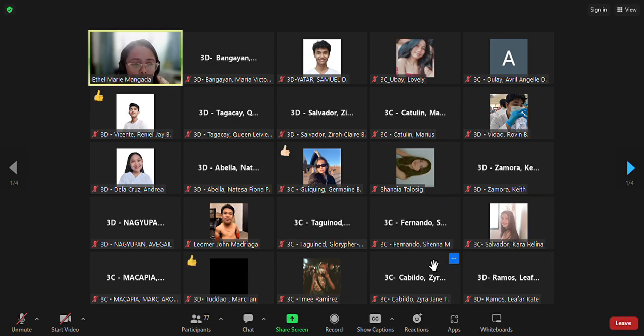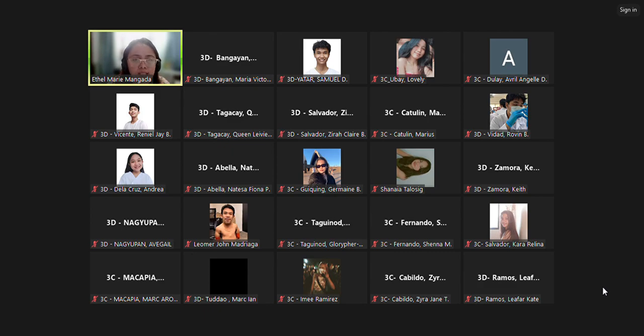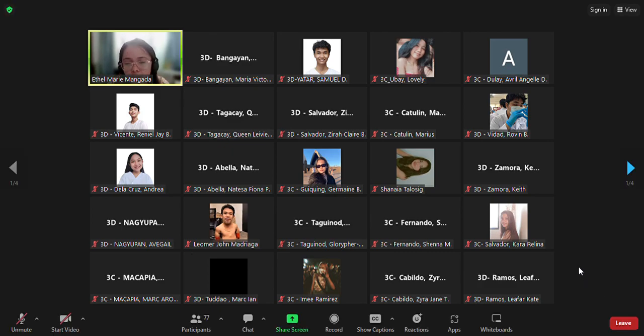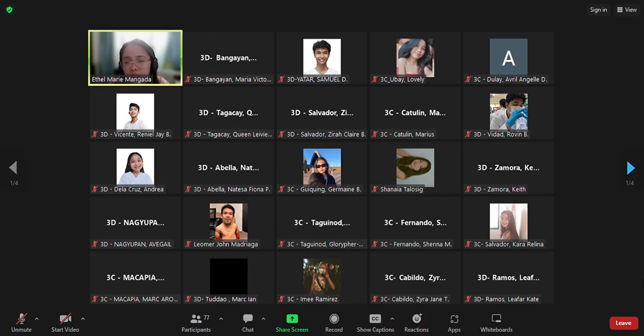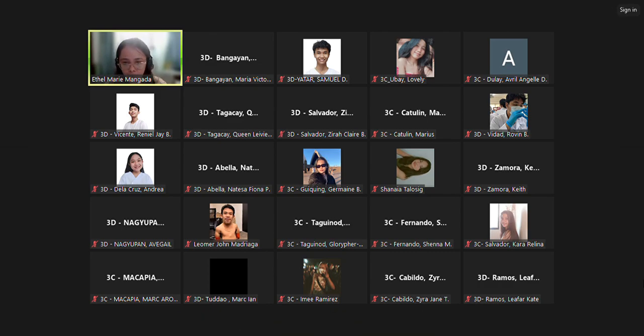Okay, so let's have a quick recap in the chat box. Give me the 4 diseases under subcutaneous mycosis. What are the 4 groups of mycosis under your subcutaneous mycosis?